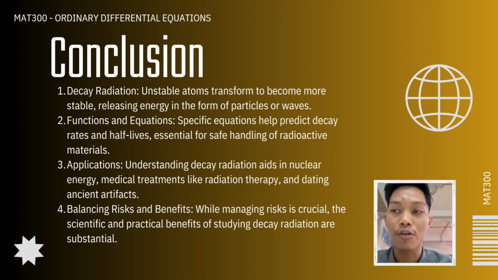These equations are crucial for understanding and handling radioactive substances safely. Learning about decay radiation is vital for using nuclear energy, developing medical treatment, and dating ancient artifacts using carbon-14. While we must manage the risk, the benefits in science and practical application are significant.